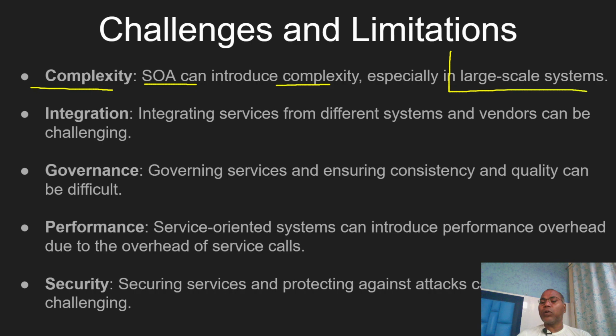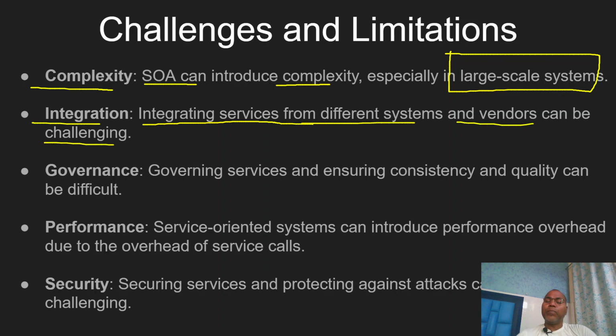Basically, if you are dealing with large-scale systems, sometimes we face problems integrating services from different systems and vendors, and that can be a challenge. Many times our application has to interact with different mainframe systems or different channels, so we have to write more adapters to make communication and integration smooth between services of different natures. Sometimes we have to apply a different strategy, with additional work required to integrate systems that are drastically different, with different channels in the networks.